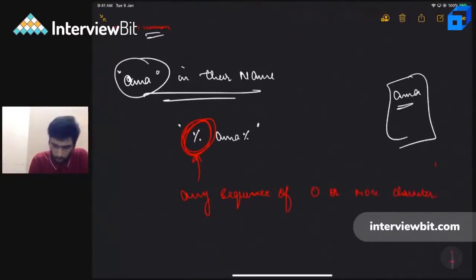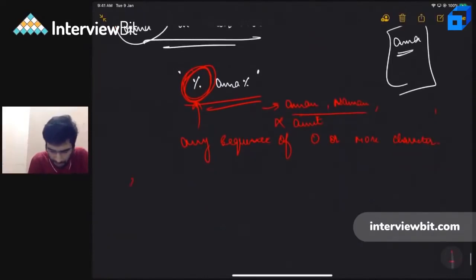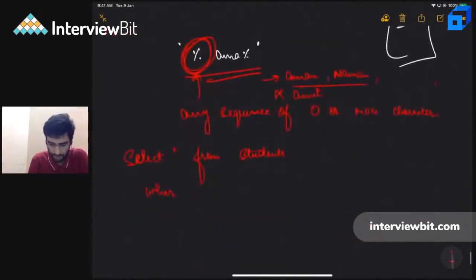So percentage AMA percentage will match Aman, and it will also match Naman, but it won't match Amit. So we can write the statement: select star from students where name like percentage AMA percentage.